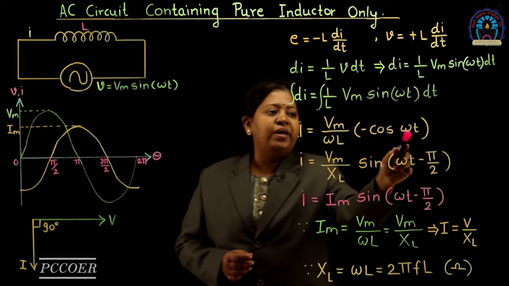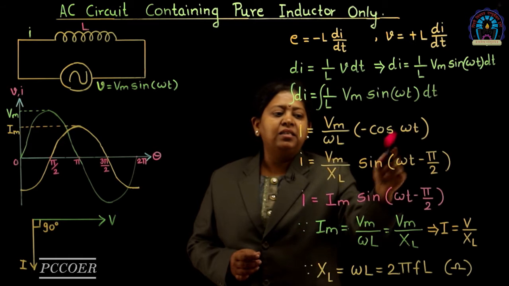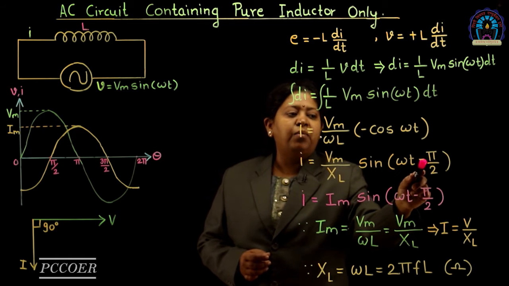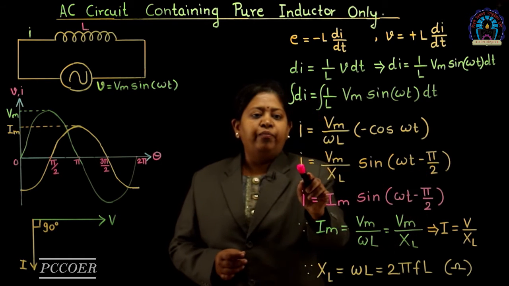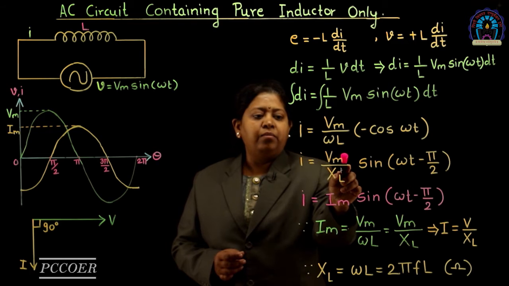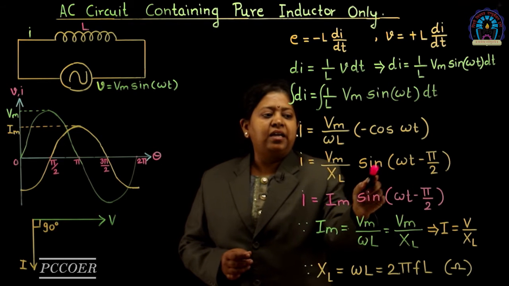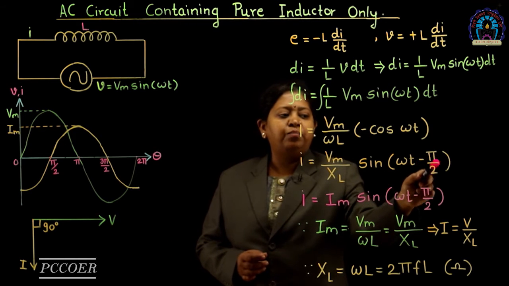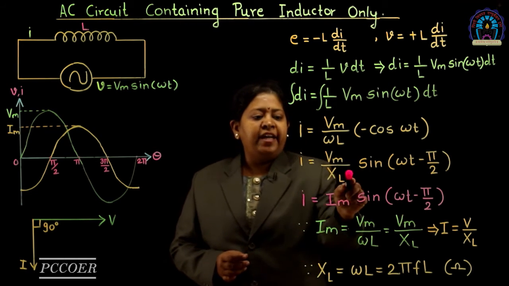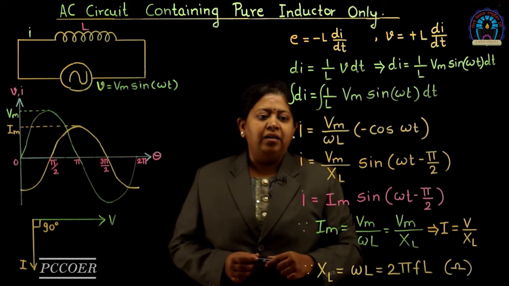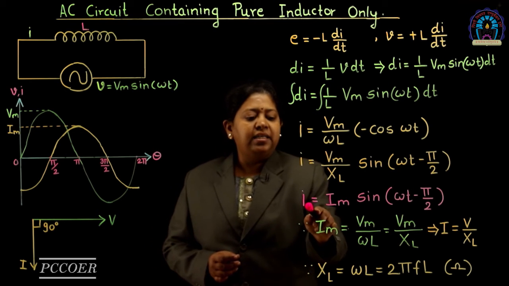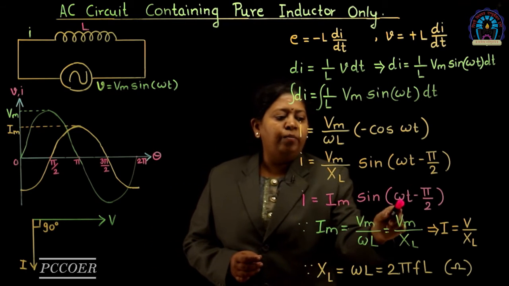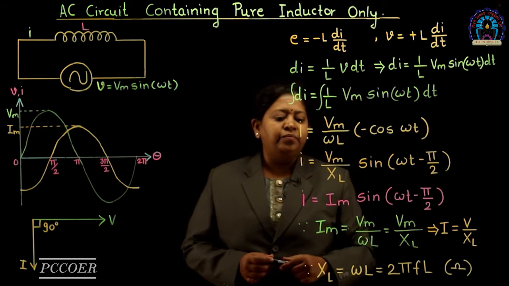This minus cos omega t can also be written as sin of omega t minus pi by 2. So, I is equal to Vm upon XL sin omega t minus pi by 2, where XL is equal to omega L. So, I is equal to Im sin omega t minus pi by 2.